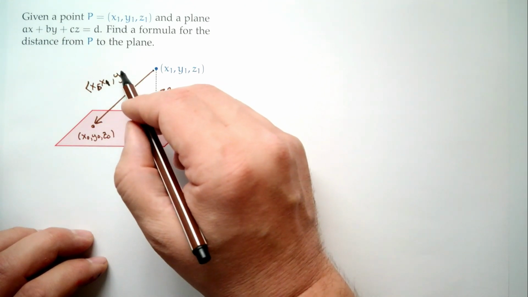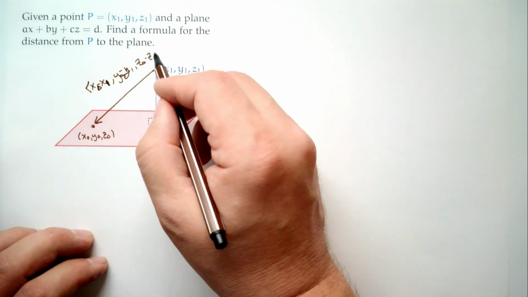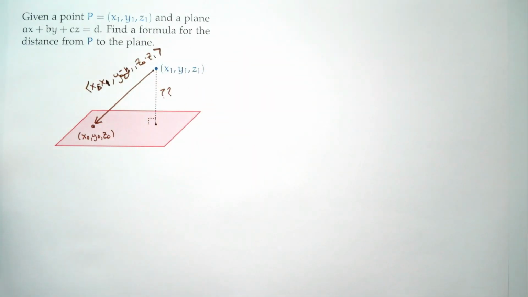Change in y, and the change in z. All right, there we go. x0 minus x1, y0 minus y1, z0 minus z1. All right. What else do we know that's not in this picture yet?